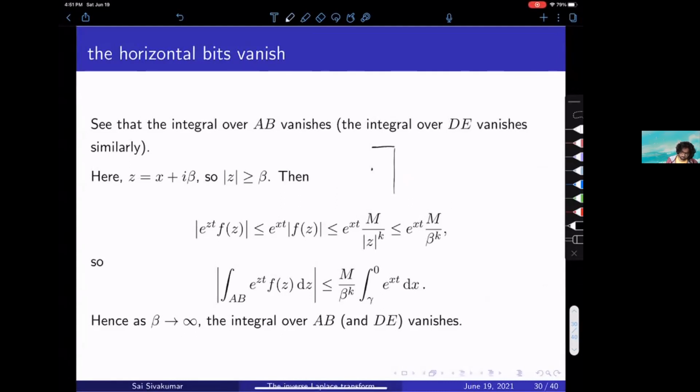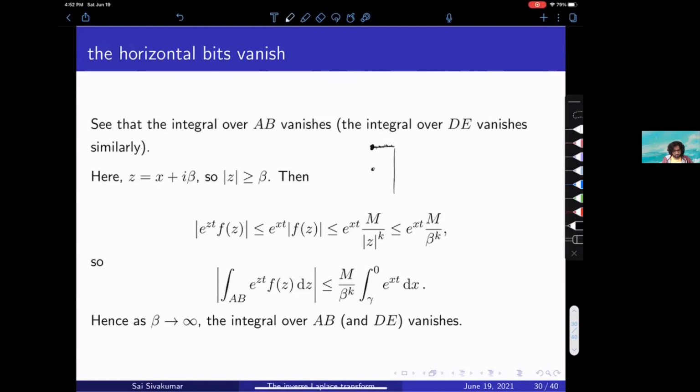For any of the points on this segment, the length from the origin to the top line, to this left corner here, is just going to be beta. So beta is the smallest that the absolute value of z can be. Anywhere else is just going to be a little bit bigger, which is nice for bounding. So we'll do that.